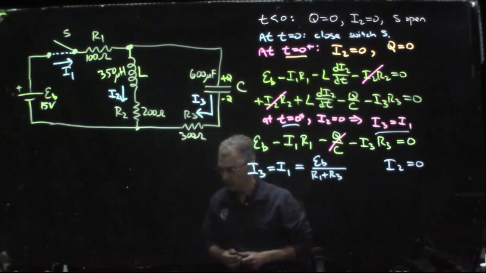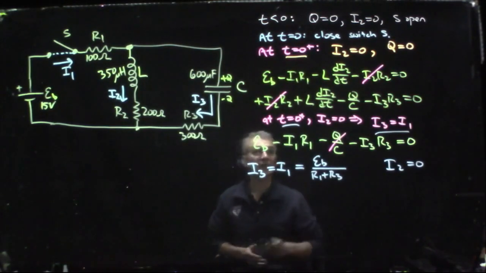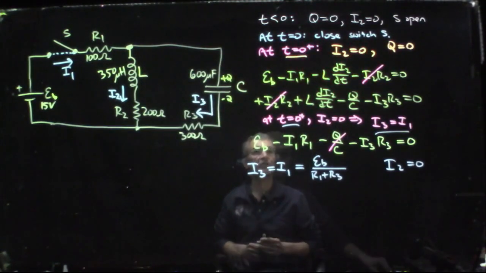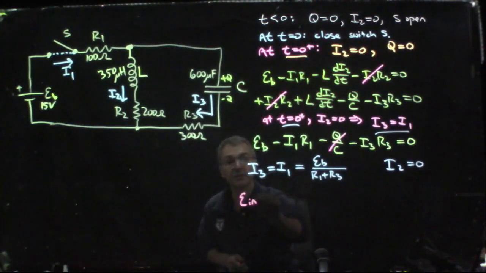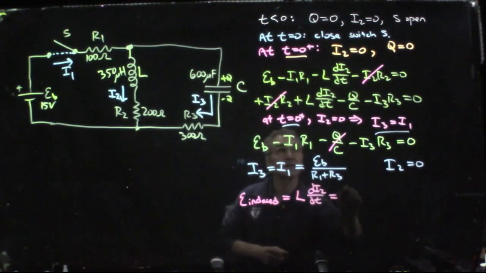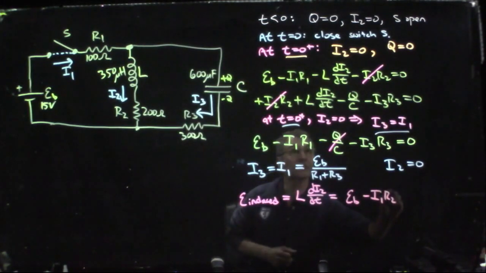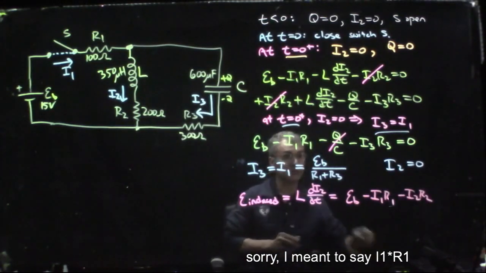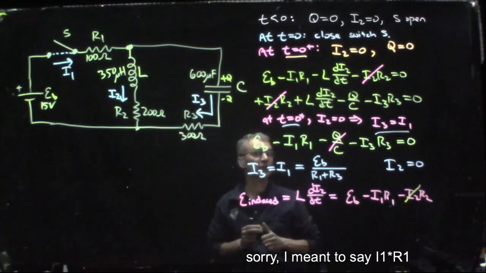Now we want to know what is the induced EMF in the inductor this instant after the switch is closed. So that's just this term, L di2/dt. So we have EMF induced is L di2/dt. That equals the battery EMF minus I1 R1, and in general it's also minus I2 R2, but I2 is 0 the instant after we close the switch.